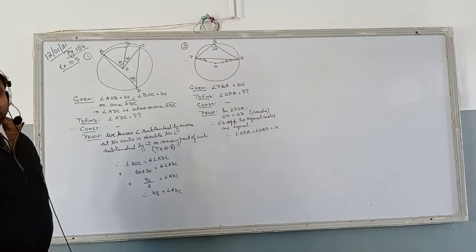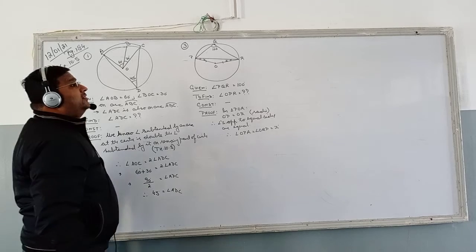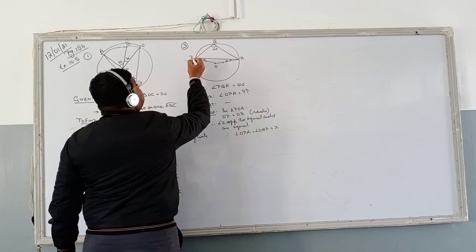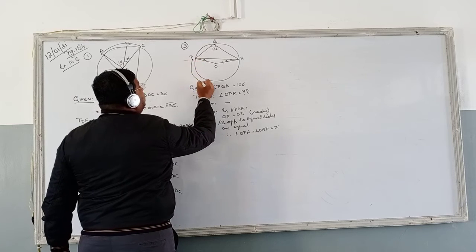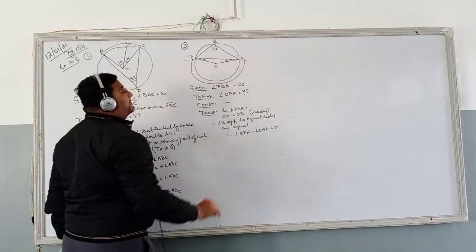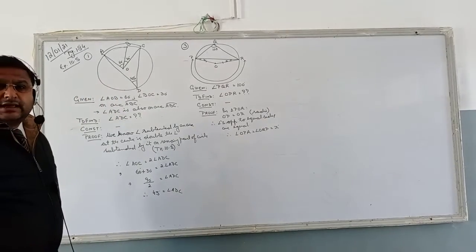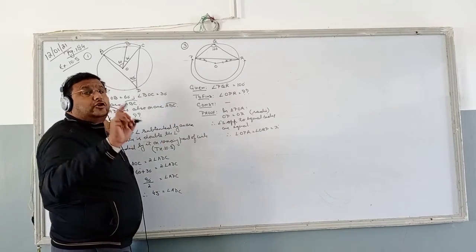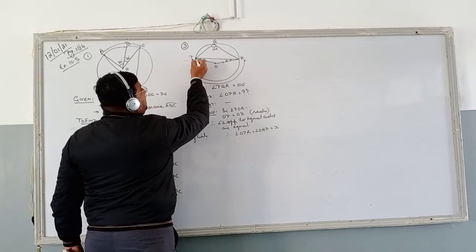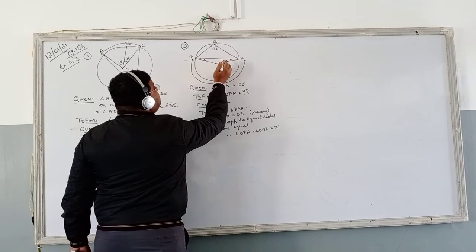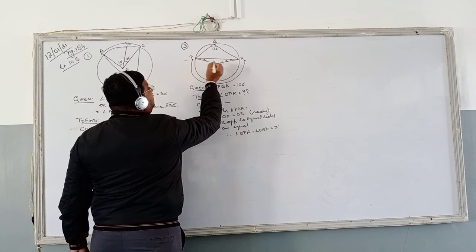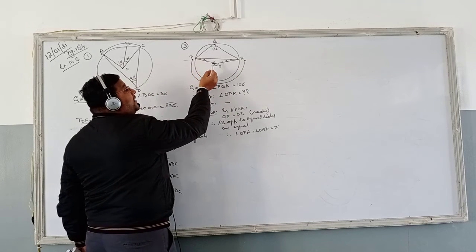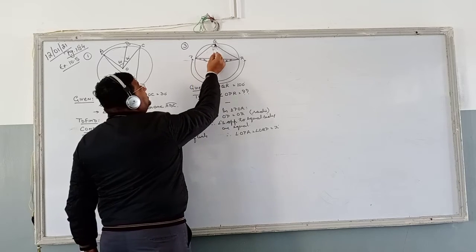Now we see that one angle is on the circle. Angle PQR is on the circle, and it is on which arc? This is the arc PR. On the very same arc, there is another angle visible, but that is at the center. Where is it? POR. This angle is on the same arc PR, but it is at the center and the other is on the circle.